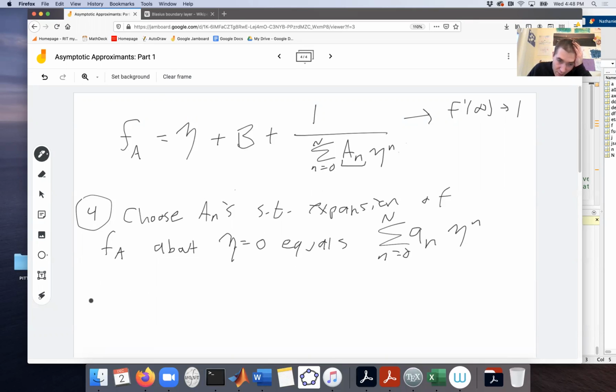Let's just start working this out. We want f sub a of 0 to equal f of 0, which we know exactly to be 0.